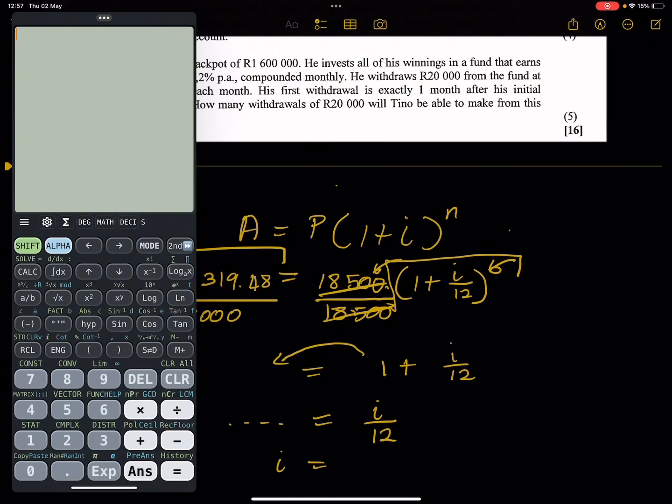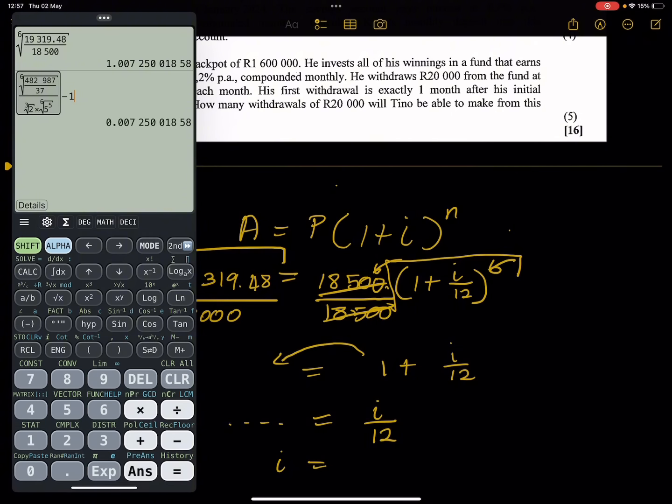So let's say shift again, the 6th root. So we said the 6th root of 19,319 and 48. And in this case, we said divide this by 18,500. Okay, so we got the answer. We said minus 1.